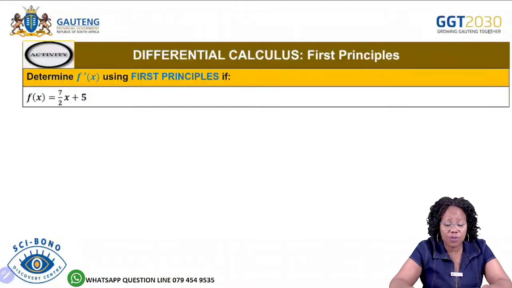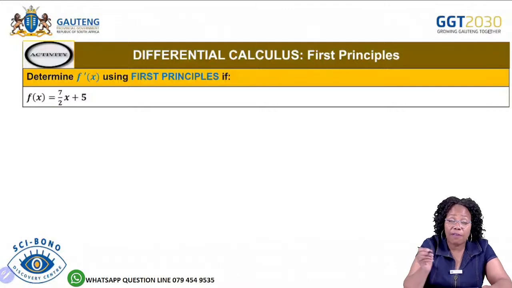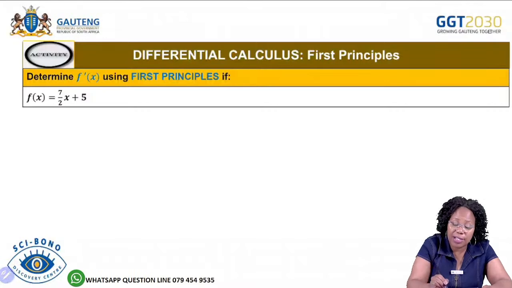Okay, let's move on to the second topic here. We are looking at differential calculus, and the first question is on first principles. Remember, we have our formula from the formula sheet stating that f derivative of x is equal to the limit as h approaches 0 of f at x plus h minus f at x, all over h.